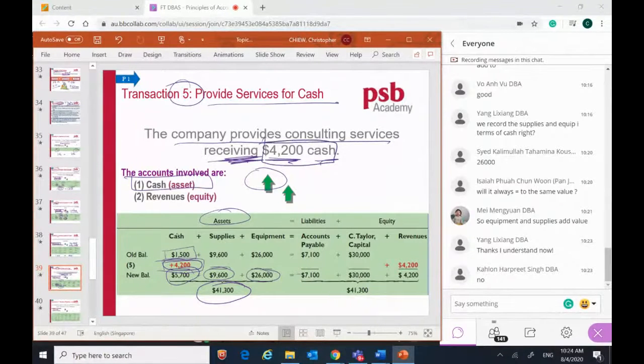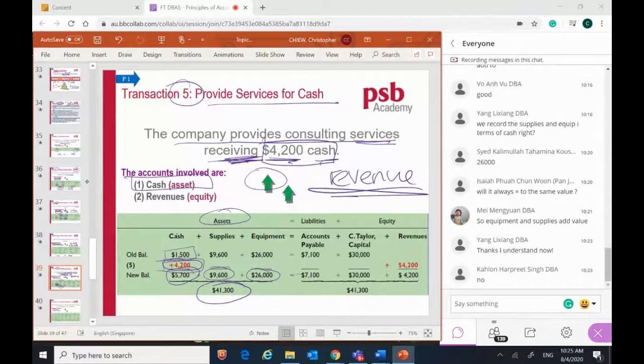But wait a minute. This $4,200 cash must come from somewhere. Where does it come from? It comes from the service that you provide. And in business, any service that you provide or anything that you sell is what you earn. And whatever you earn in accounting, we have a name for it. We call it revenue.